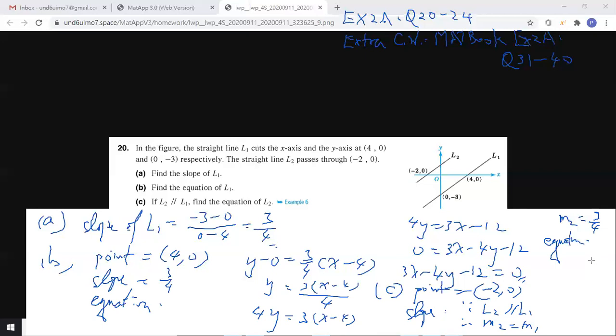The equation will be y minus y1 equals m times x minus x1. So it's y equals 3 times (x plus 2) over 4, and then 4y is equal to 3 times (x plus 2).